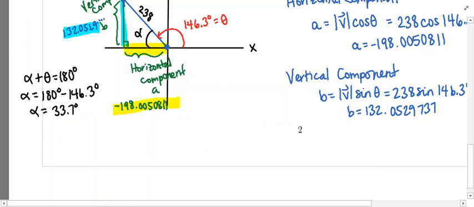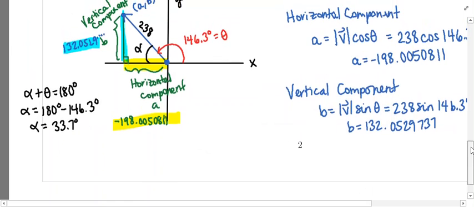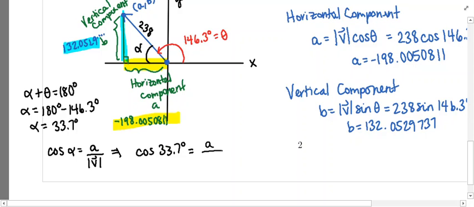So I could say the cosine of alpha is opposite over hypotenuse, so that's A over the magnitude of the vector. So the cosine of 33.7 degrees is equal to the A value over the magnitude, which is 238.